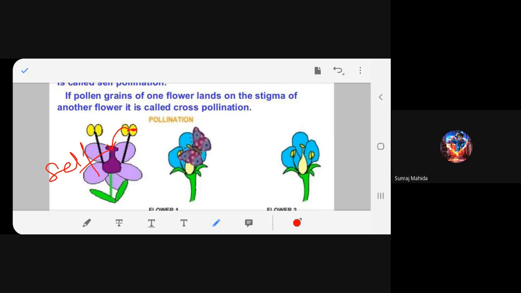Now, if this is one flower and this is a second flower, pollen grains of this flower will go and land onto the stigma of another flower, and that is called cross pollination. This much have you understood?